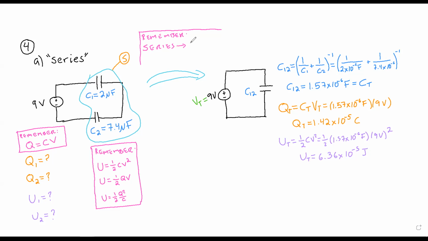So Q is the same. And what is different then? The voltage. Voltage is distributed. What about the energy? We're going to get to the energy in a moment. The energy applies to everything, and that's something we're going to talk about in a moment.